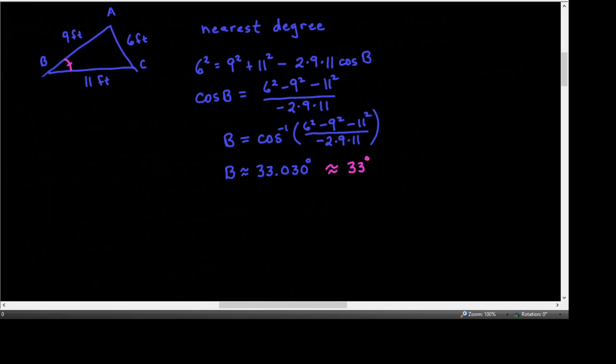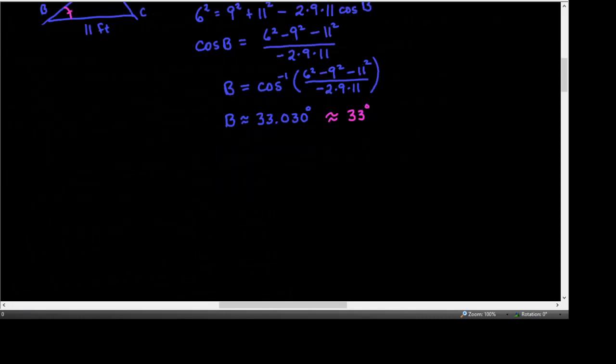So always find the smaller of the 2 remaining ones, which will be opposite the smallest side, and then use the angle sum formula to find the remaining angle. And then for side side side, use the law of cosines to find the largest angle, then use the law of sines to find either of the remaining ones, and then use the fact that they sum to 180 degrees to find the third angle. Okay, so that's the end of solving triangles.